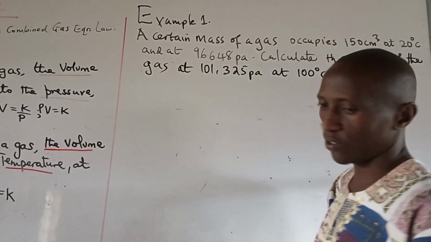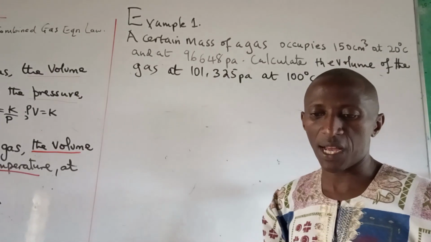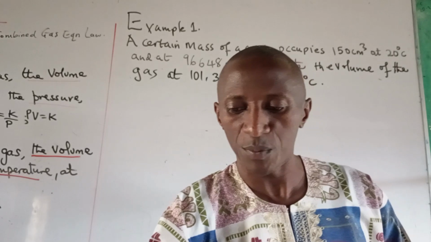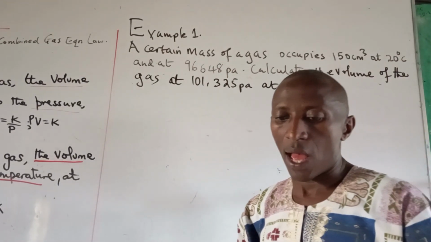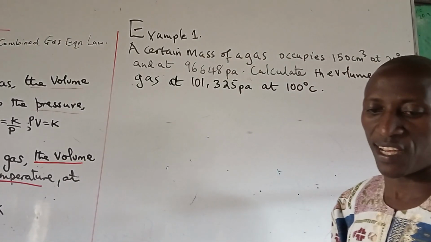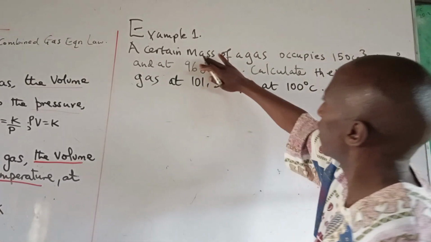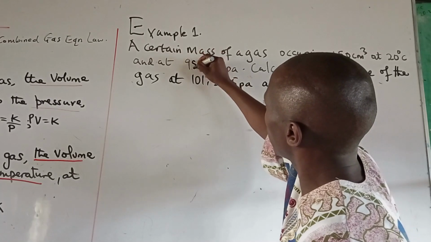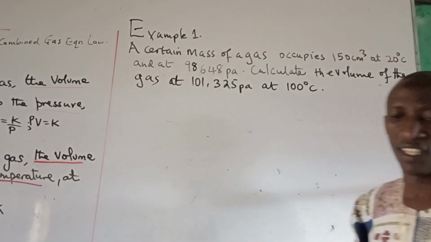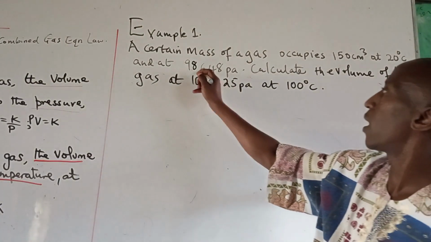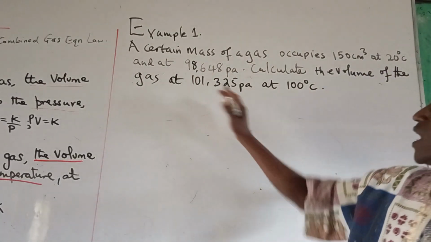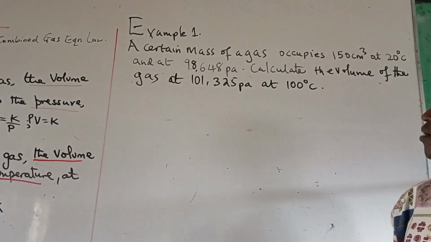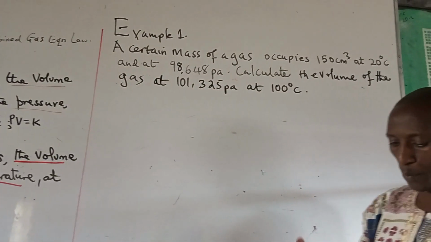I want to read that again to confirm. A certain mass of a gas occupies 150 centimeter cubed at 20 degrees centigrade and at a pressure of 98,648 pascals. Calculate the volume of the gas at 101,325 pascals.